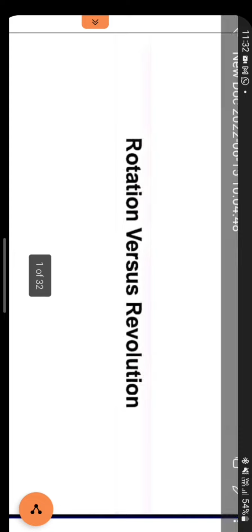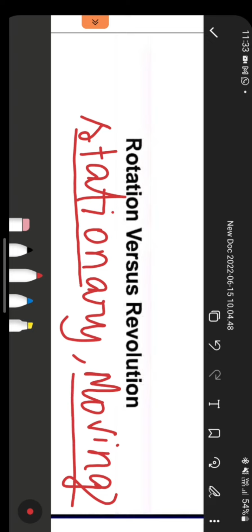We need to remember that there are two conditions: one is stationary and another is moving. Based on these two conditions of an object, we can divide the types of motion.